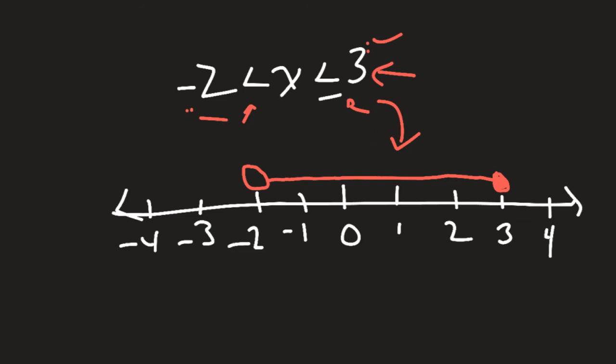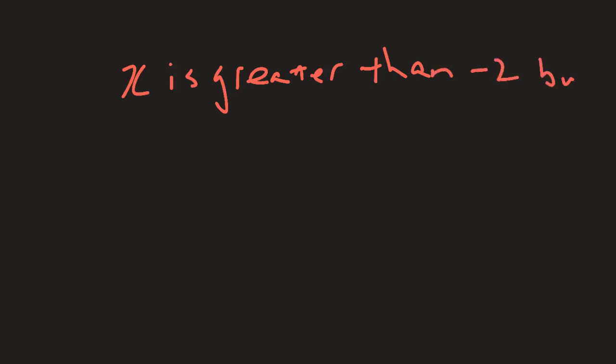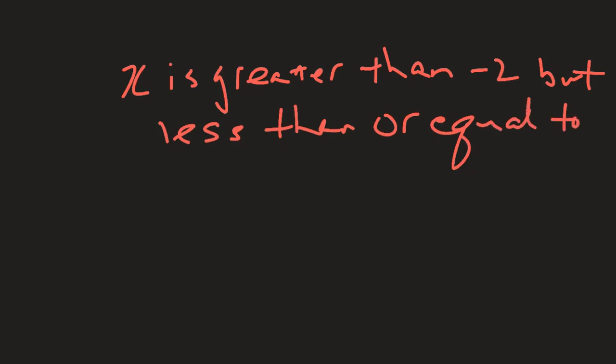The other crazy thing that we can do is give you a word situation and then you could represent it. So if I gave you that x is greater than -2, but less than or equal to 3.